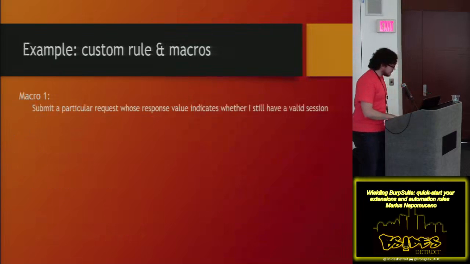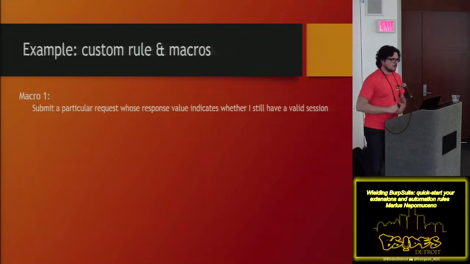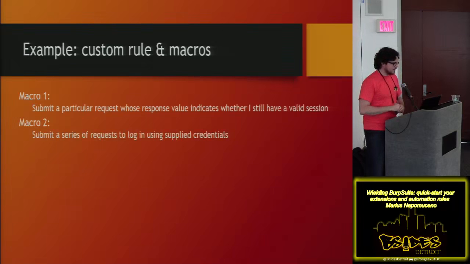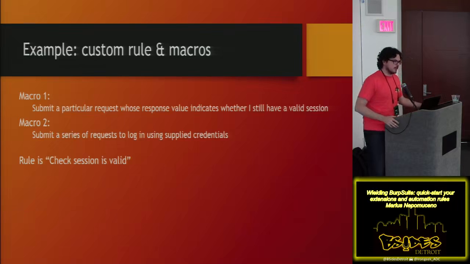So here's an example. I've got my first macro. It submits one request and gets one response. And the response content, I know, because I know my application, indicates whether I have a valid session. And that's it. Macro 2 submits a series of requests with specified login credentials. You can enter those manually in your macro so that I can log back in. My rule is the check session is valid rule.